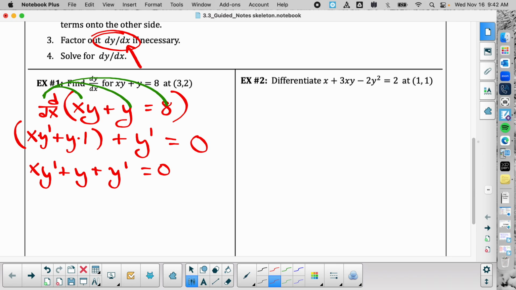Explicit is what we did every problem before this. They all have equal signs. Explicit means it's y equals, like it's solved for a variable. These, the variables are all mixed together, so that's implicit. But when we get to the end of the problem, we're still finding y prime.